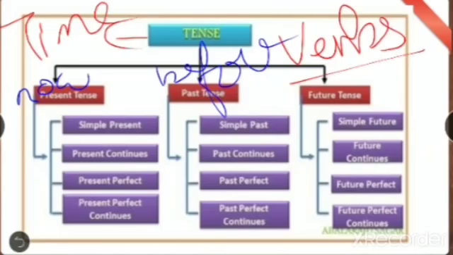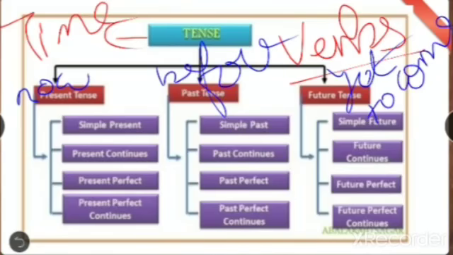Jo ho chuka. And future, yet to come. Yet to come. Okay, students. So future is yet to come. Abhi tak hua nahi hai, but it may happen. Okay, so future tense, past tense, and present tense.